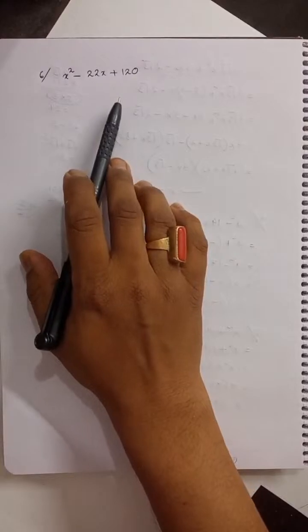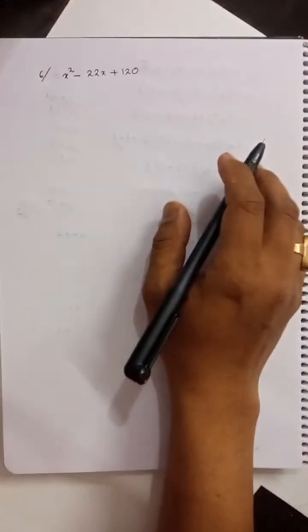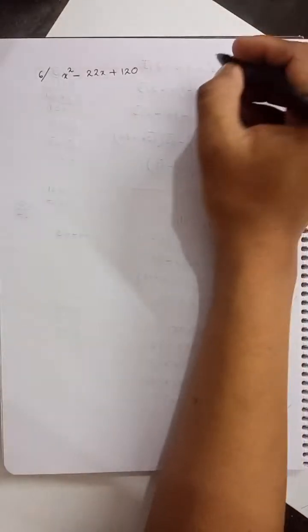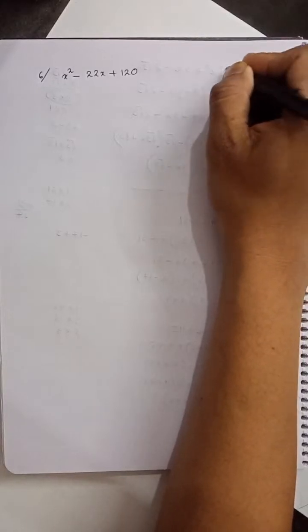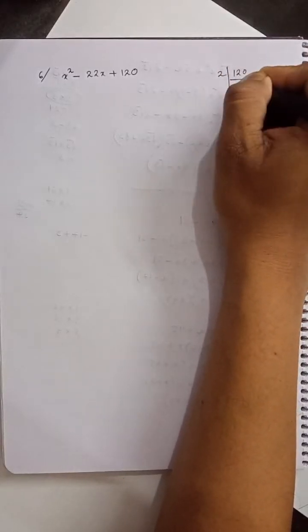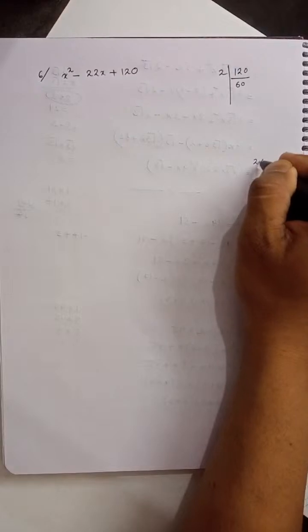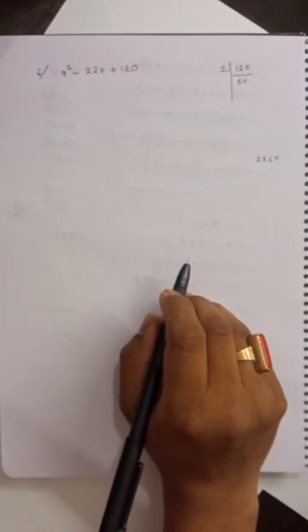Now as the constant terms get bigger and bigger, it becomes very difficult to find the combinations orally. So in this case you can take the help of prime factorization method. Okay, let me show how. The quite obvious combination is 1 into 120, which I am not going to write. So I will start from 2. So 2 into, I mean, 120 divided by 2 is 60. I am just writing the combinations somewhere here. 2 into 60.